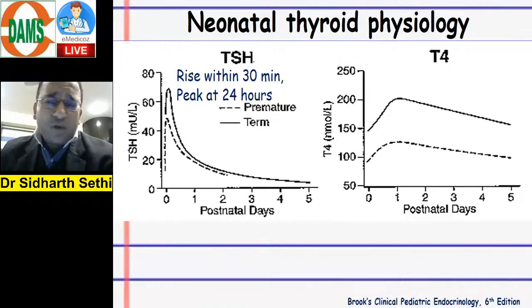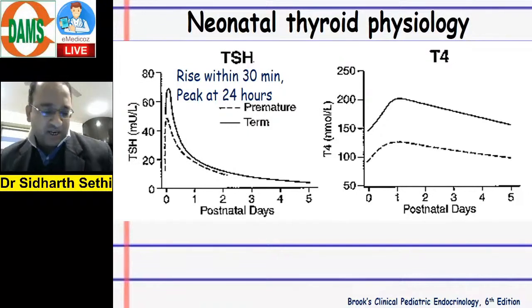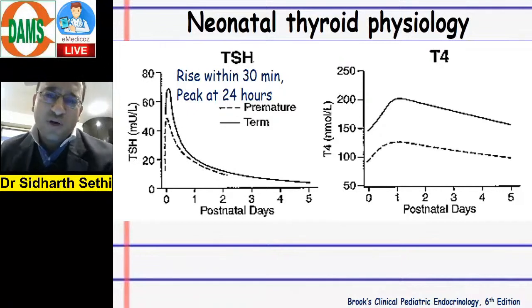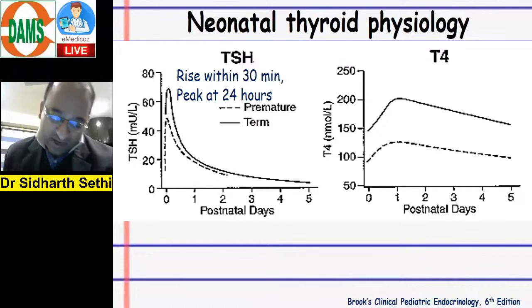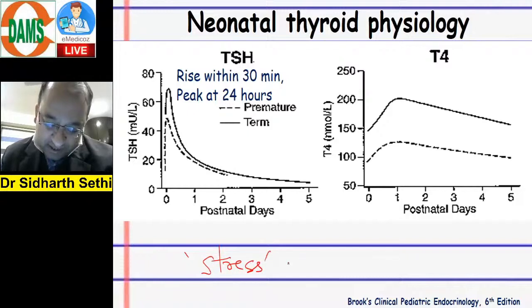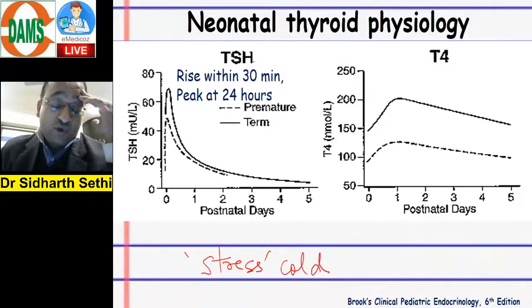He doesn't like to be born, guys. The baby feels, I was warm in utero, and now I'm exposed to a cruel world, stress. So the TSH rises in the first 48 hours because of the cold stress.